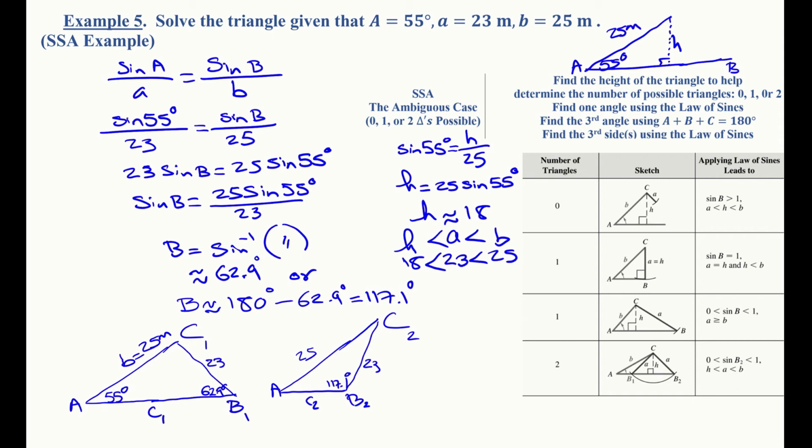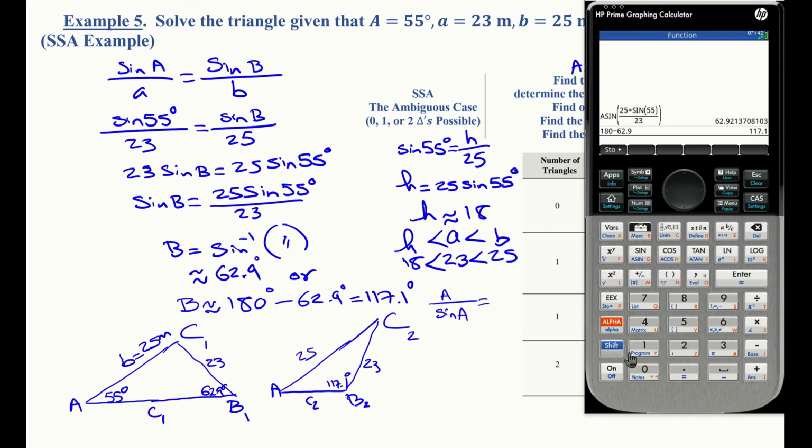All right, so now looking at this triangle, we can handle the C's. Notice that we can find the capital angle C1 very quickly. We're just going to do 180 minus 55 minus 62.9.